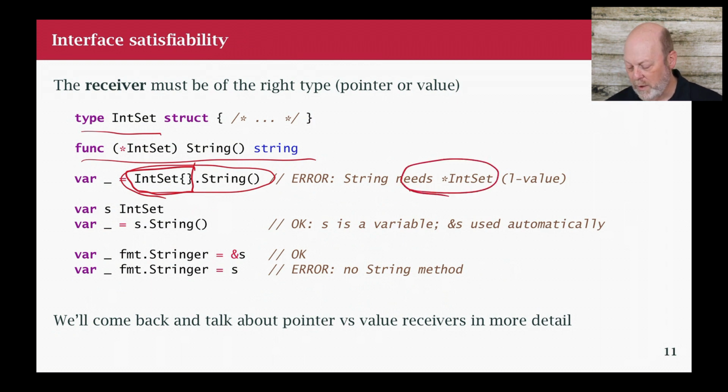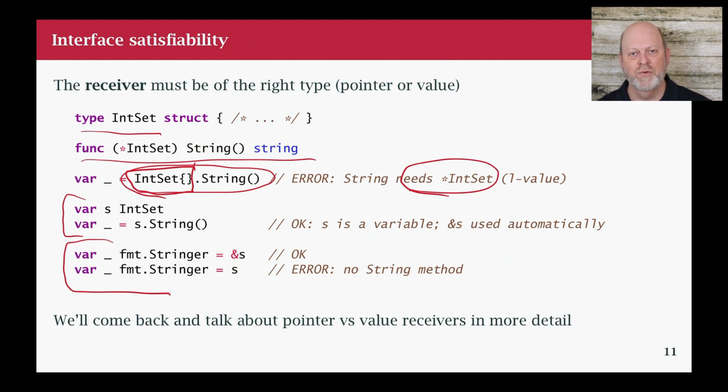Now, if we do this, we can do it, right? We create a var s of type Inset, and then we call s.String, and that works because now we created a variable, and the variable has a place. Okay? So that works. And then we have this third thing down here, and this is where it gets a little counterintuitive. fmt.Stringer represents an object that has a String method.